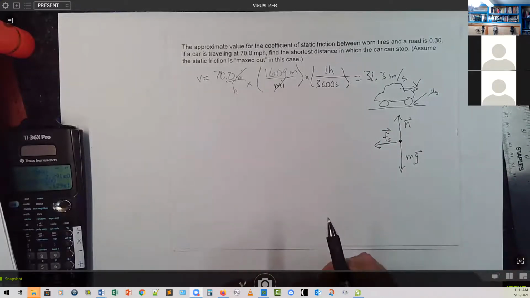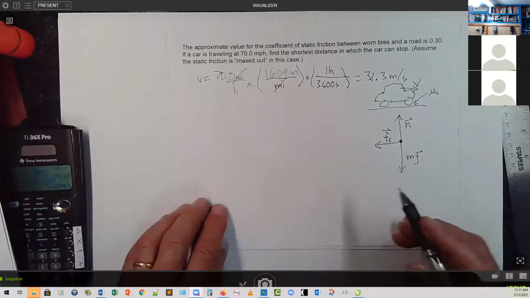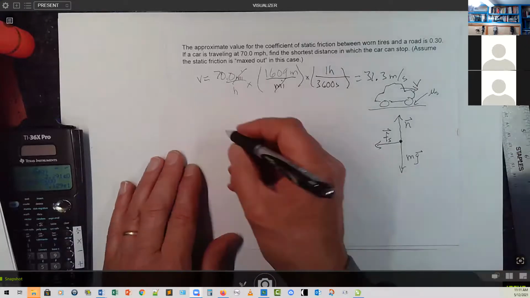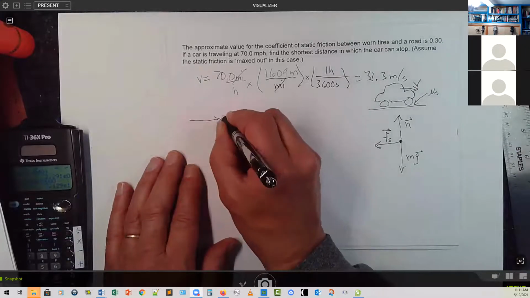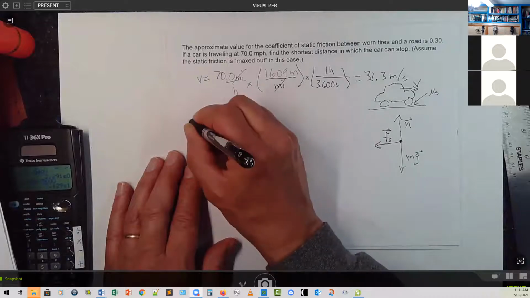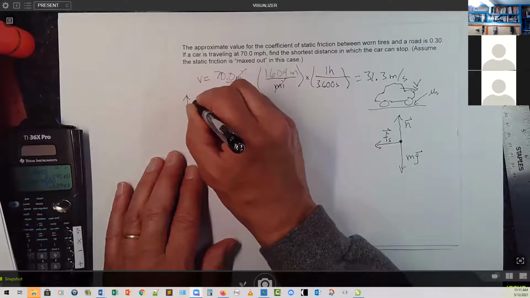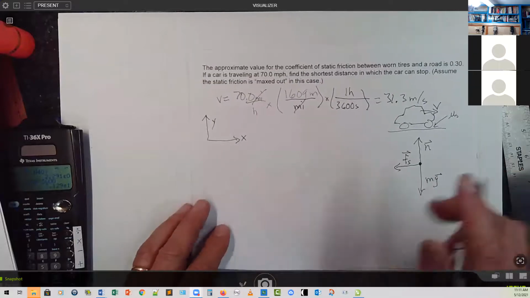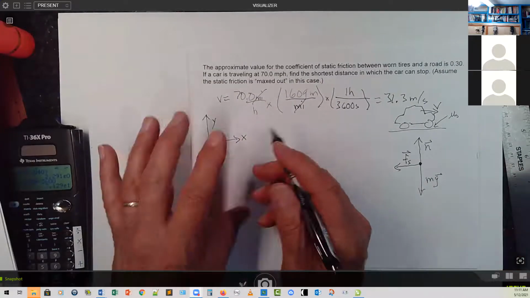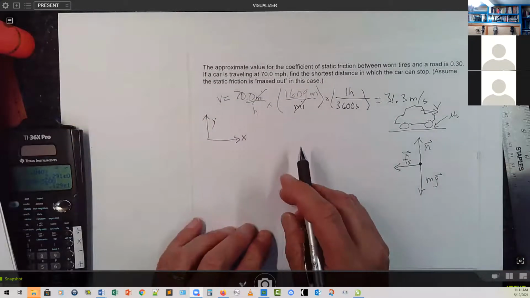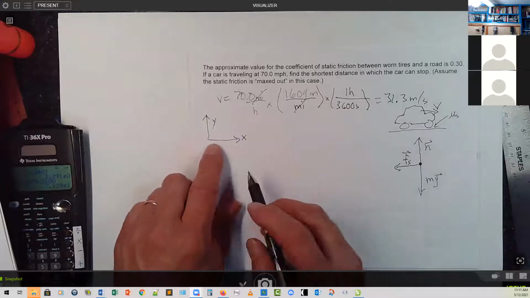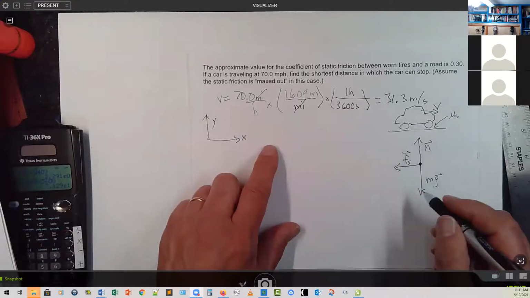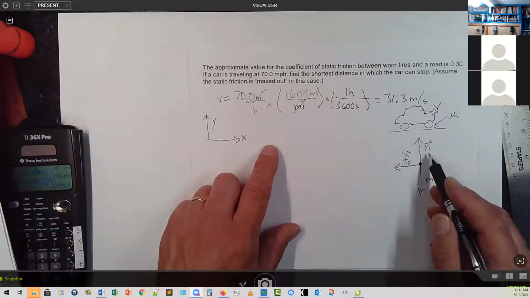Now, a way that I solve these problems is I introduce a coordinate system a lot of times, and usually I'll have X go that way and Y go that way. When we get to inclined planes, sometimes I'll rotate this coordinate system. It'll be nicer. But then I'll start off by writing Newton's second law in vector form.